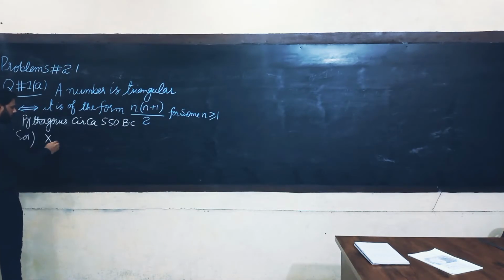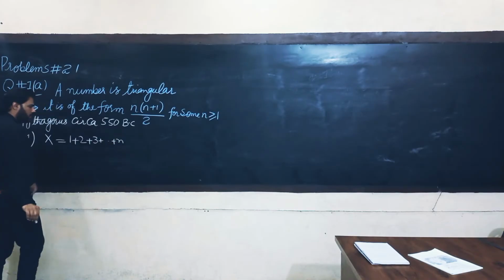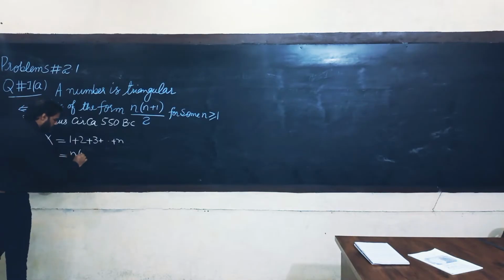Then by definition of triangular number, x can be written as 1 plus 2 plus 3 up to so on n. Now this sum is simply equal to n into n plus 1 over 2.